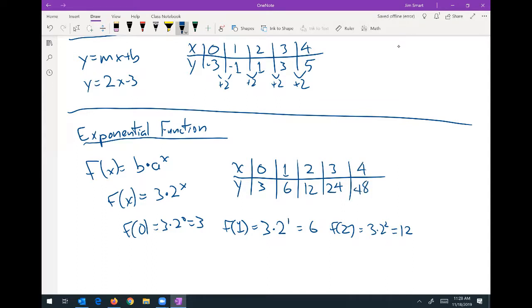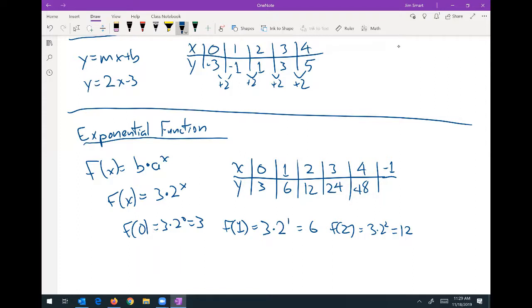All right, what if I went negative? What if I went the other way? -1. If you think of going to the left, just like in the linear function, where if I want to go left I would subtract 2 instead of add 2, in this case, if I want to go left, I would divide by 2 instead of multiplying by 2. 48 divided by 2 is 24. 24 divided by 2 is 12. 12 divided by 2 is 6, and so on.